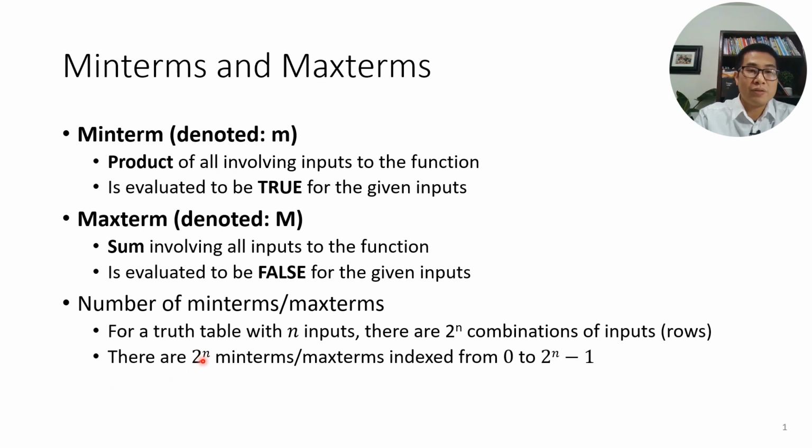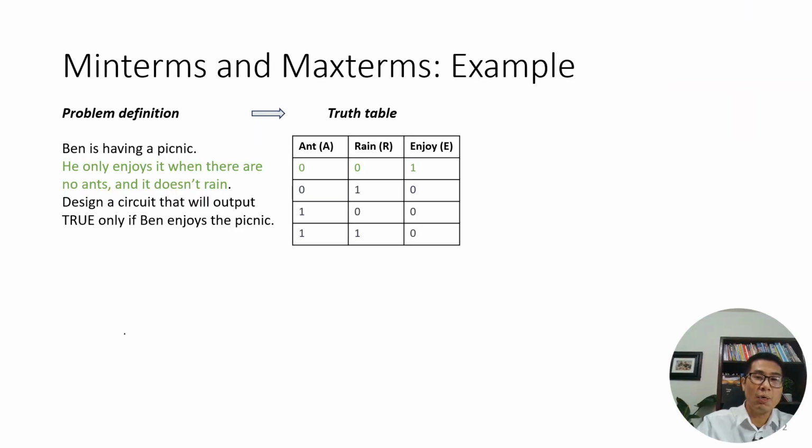Then you will have 2 to the power n min terms, and 2 to the power n max terms, ranging from 0 to 2 to the power n minus 1. What it means is that for every single combination of the input, there is one corresponding min term or max term, which is the product of all the inputs evaluated to be true, or the sum of all the inputs evaluated to be false.